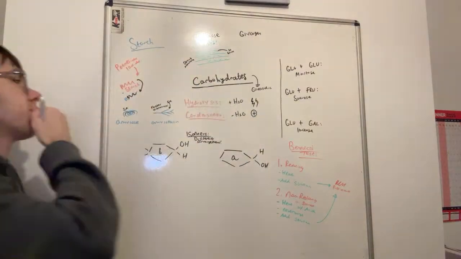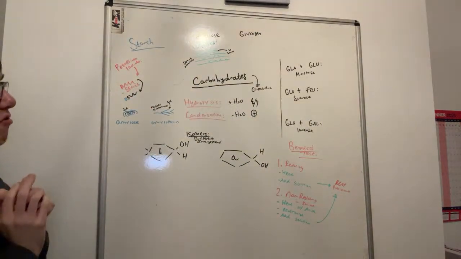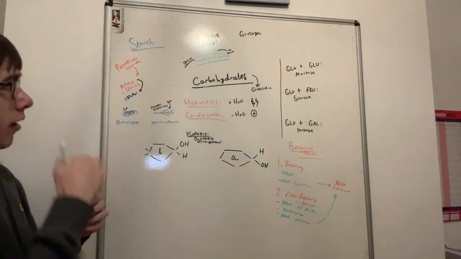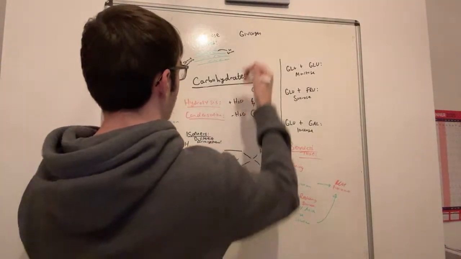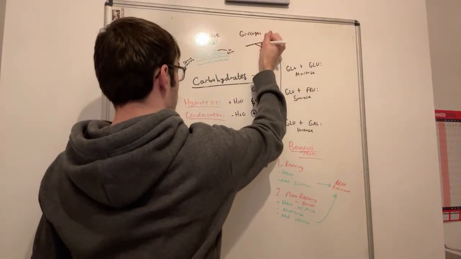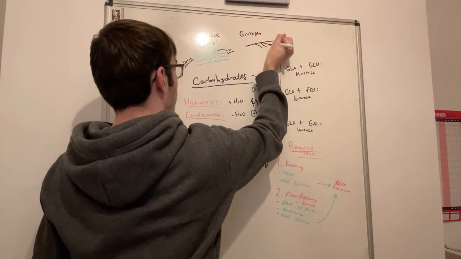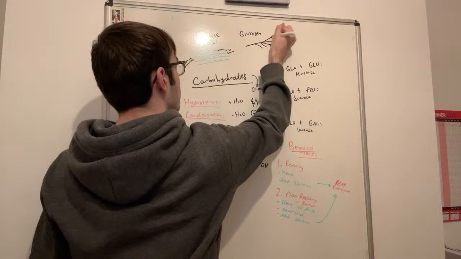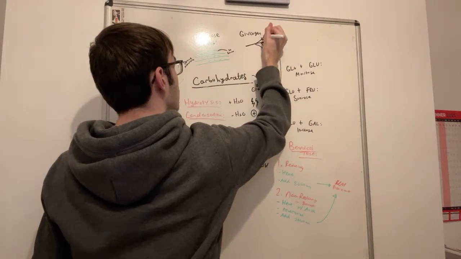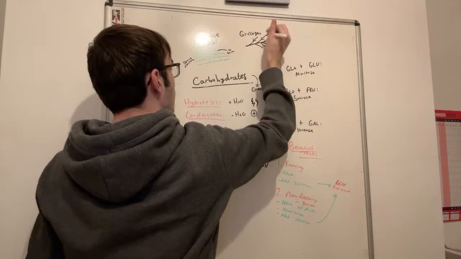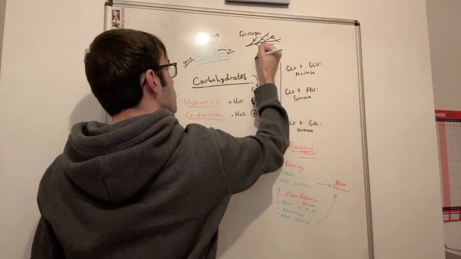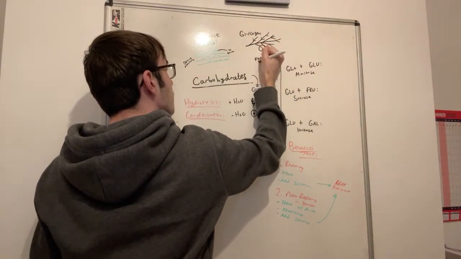And you may say microfibers, microfibrils, which is kind of odd, but hey, I'm not a linguist. Glycogen, on the other hand, is literally just an incredibly branched molecule, which obviously is going to lead to faster hydrolysis.